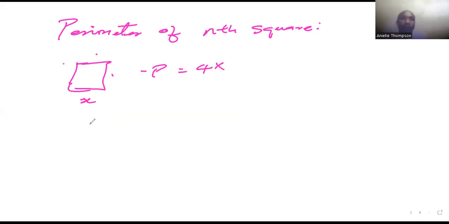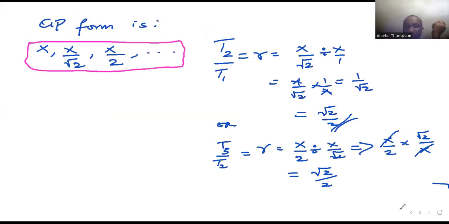So now the nth term formula of the side is what we must use to obtain the nth term formula of the perimeter.